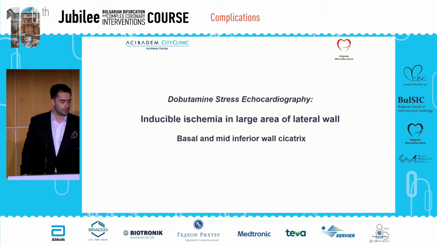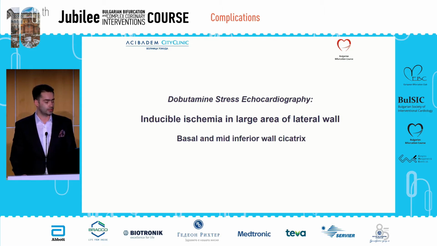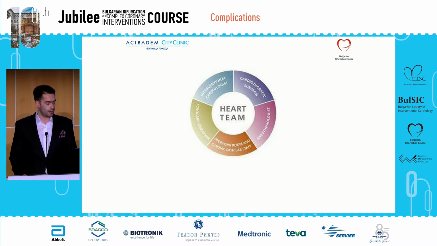We performed stress echo and we see inducible ischemia, large lateral wall ischemia, with a basal and mid-inferior wall cicatrix. After discussion in our heart team, and of course with the patient, we decided to recanalize this occlusion of the left main.